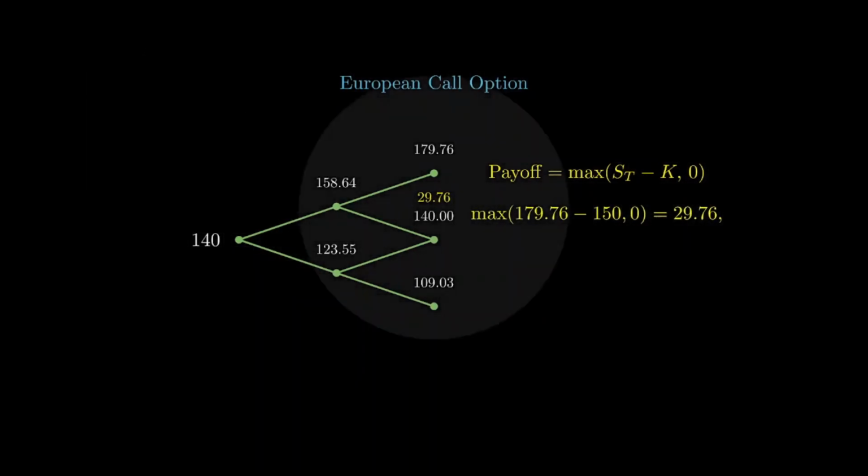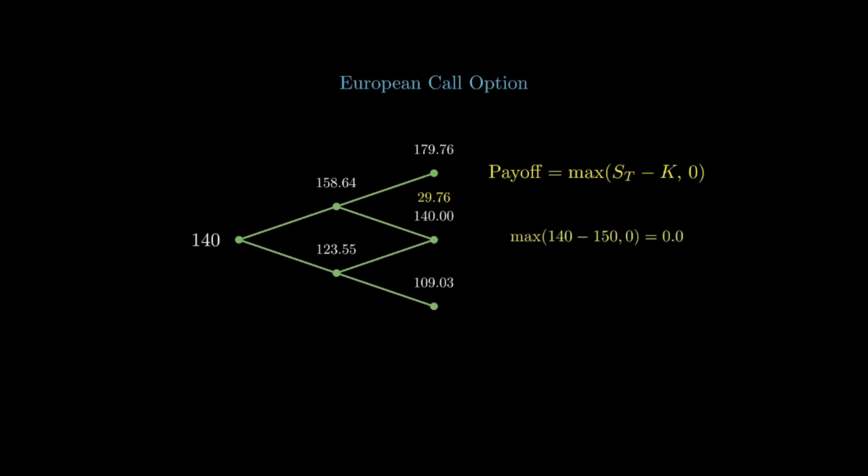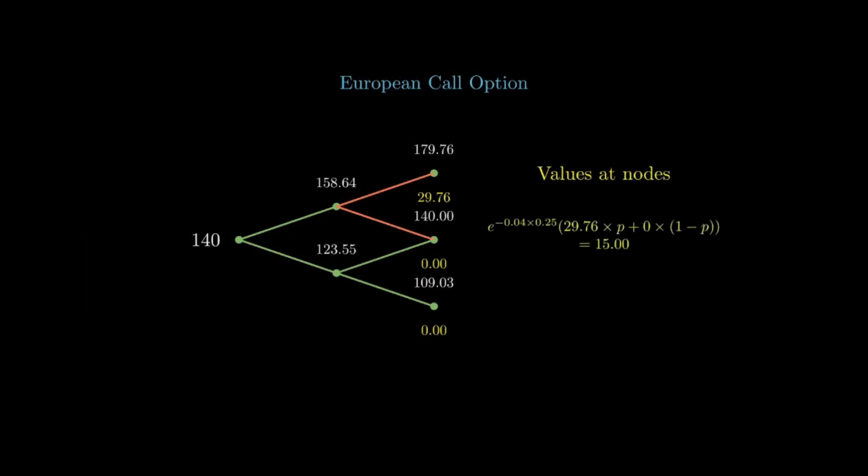After 6 months, the possible payoffs are 3. The first one is 29.76. The second one has no value, which is 0. And the last one also has no value, which is equal to 0. Then we calculate the price of the call option backward at each node.